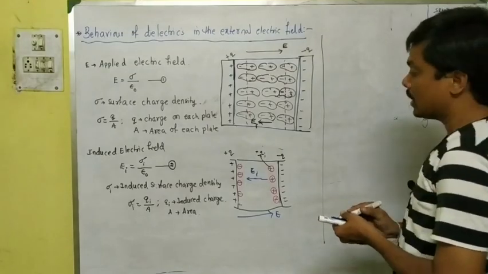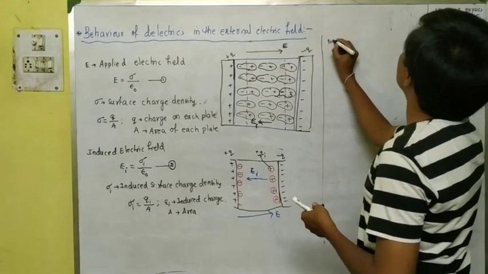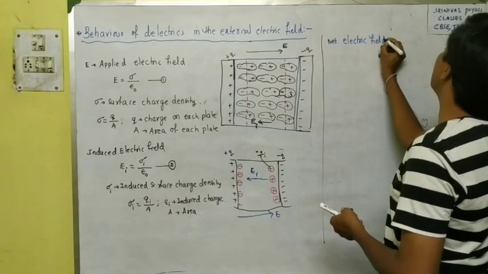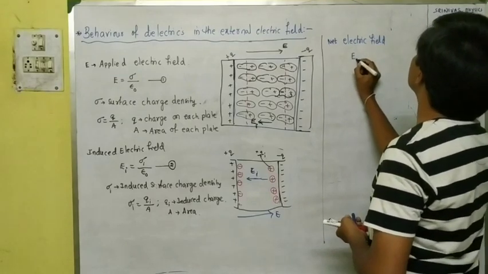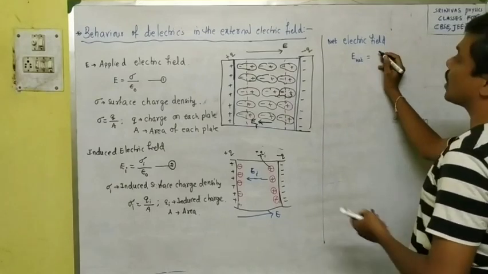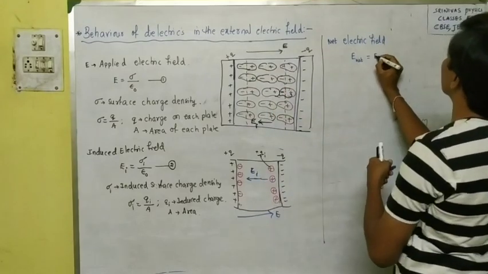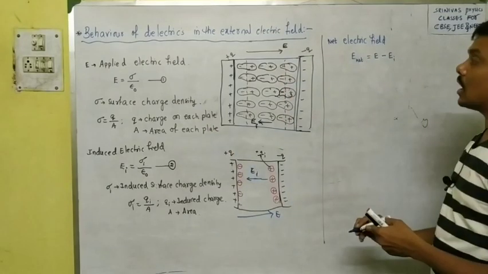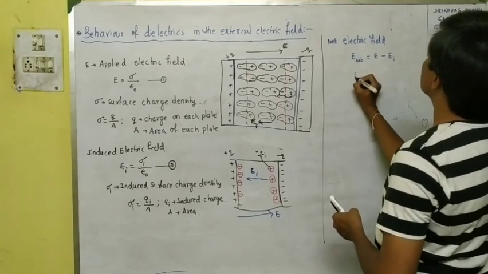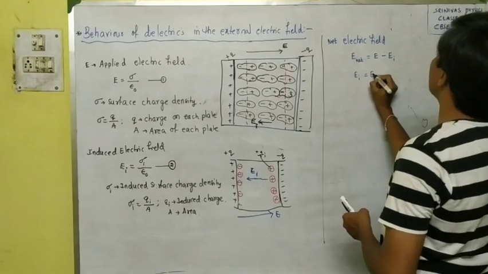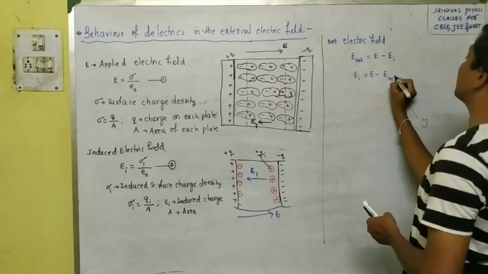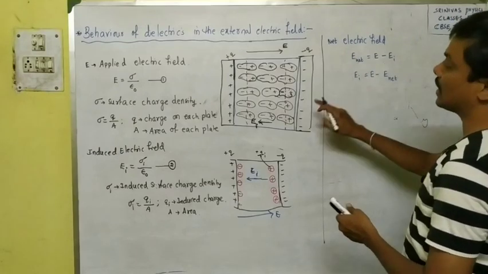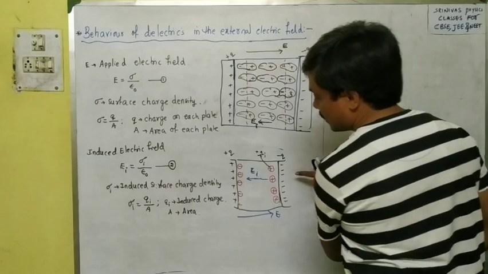Net electric field is equal to applied electric field E, right side, minus induced electric field, left side.